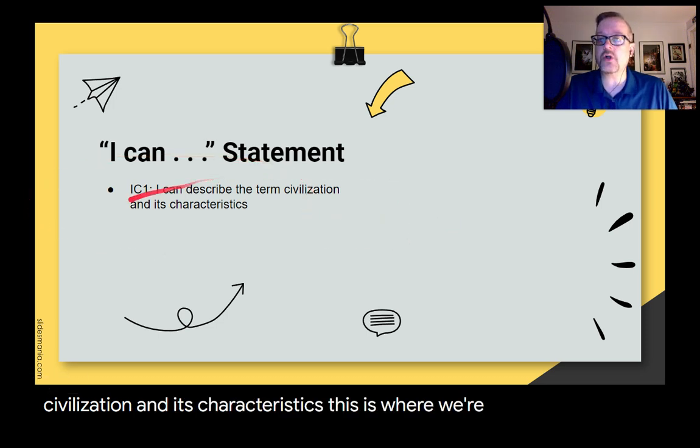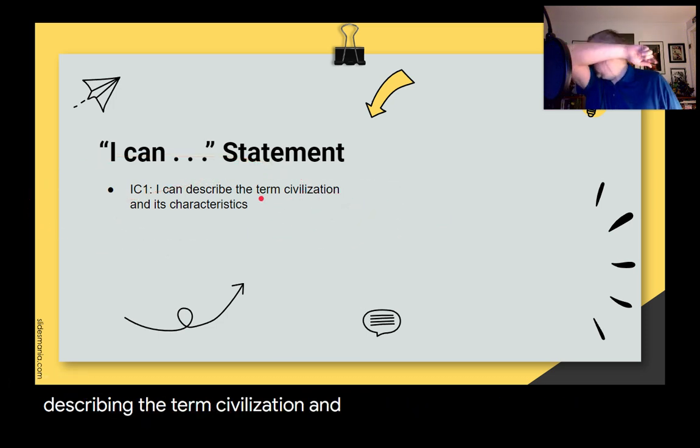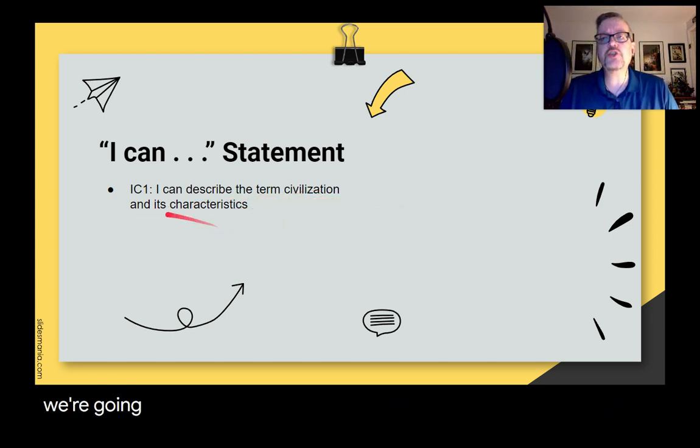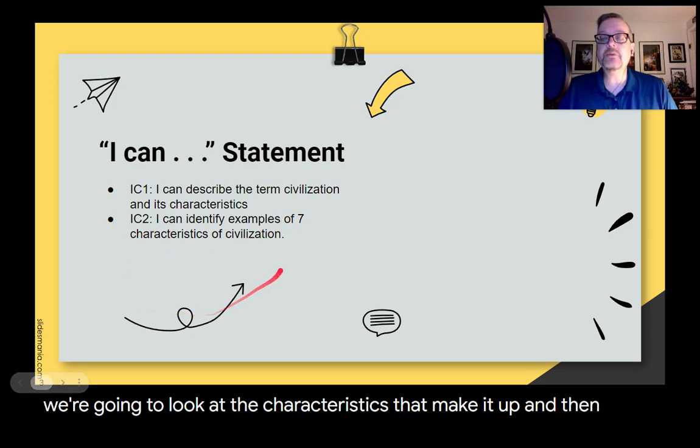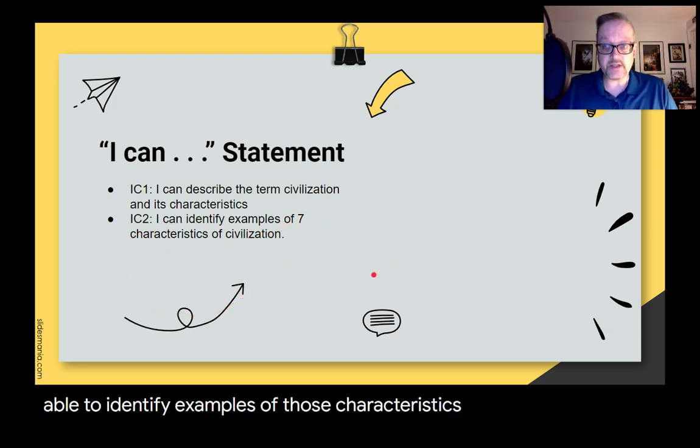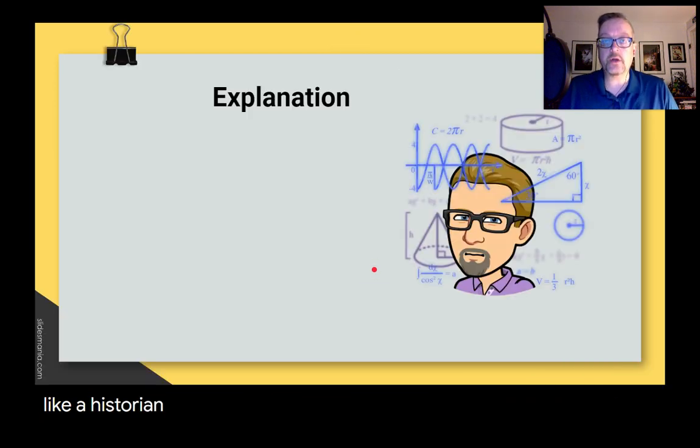This is where we're starting the unit, describing the term civilization. And then we're going to look at the characteristics that make it up, and then be able to identify examples of those characteristics, which entails thinking like a historian.